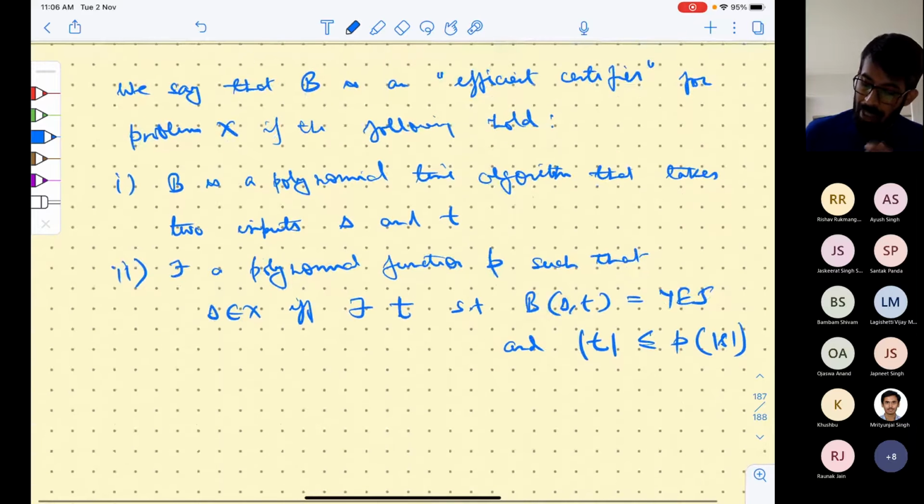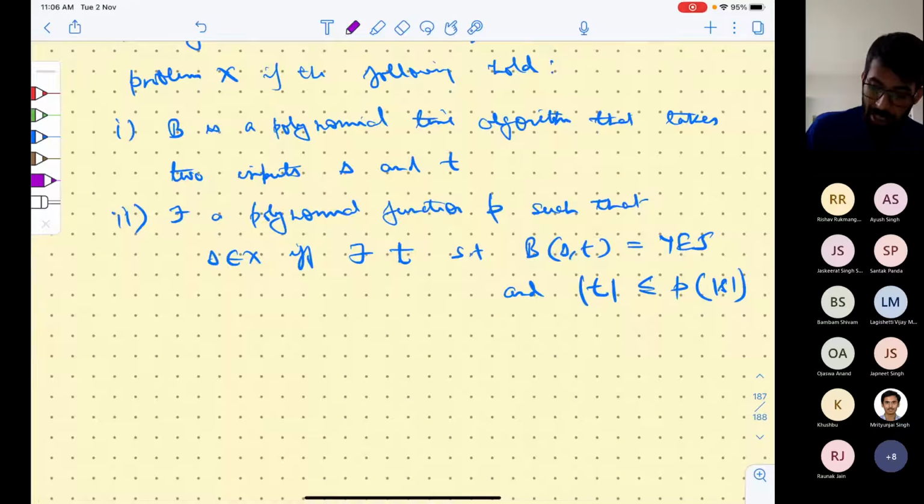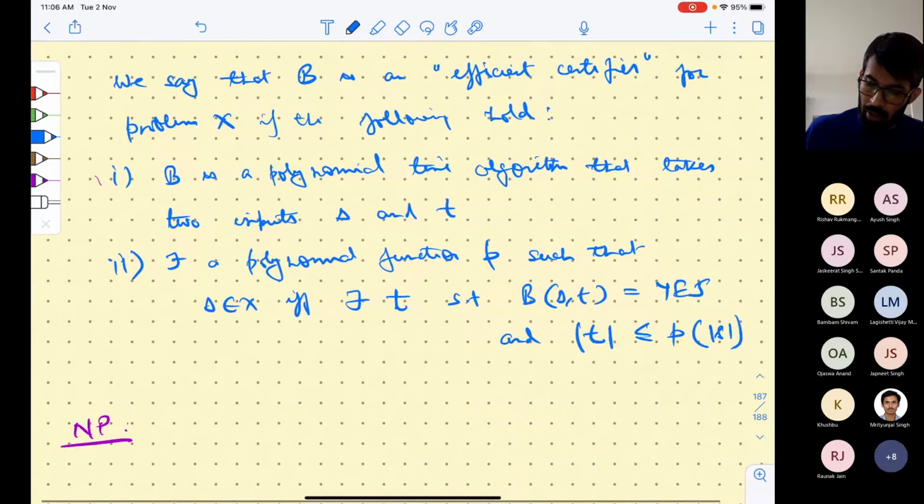And then NP is basically just the set of all problems that have an efficient certifier.